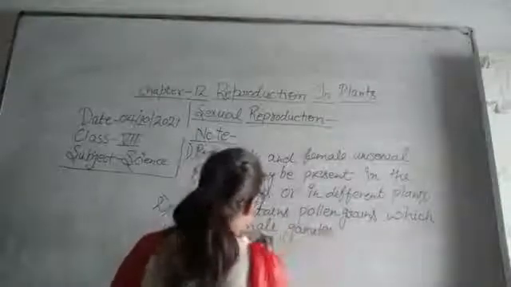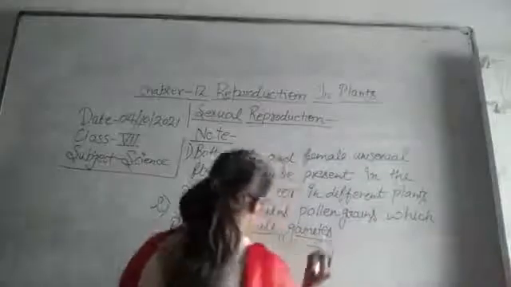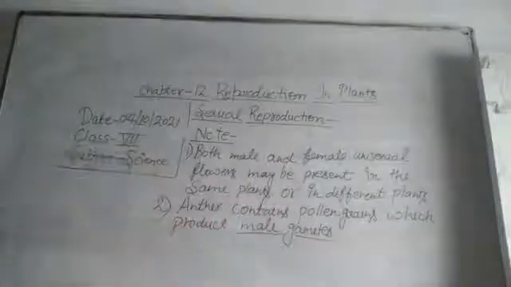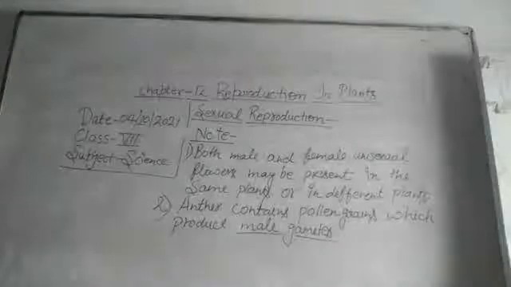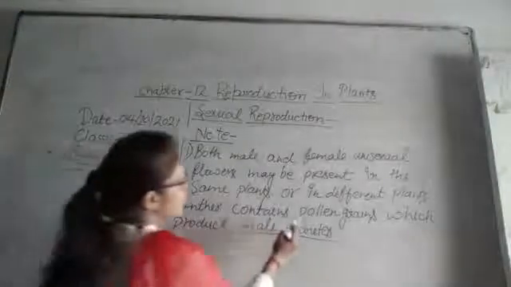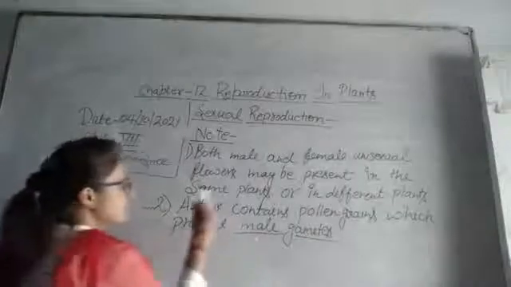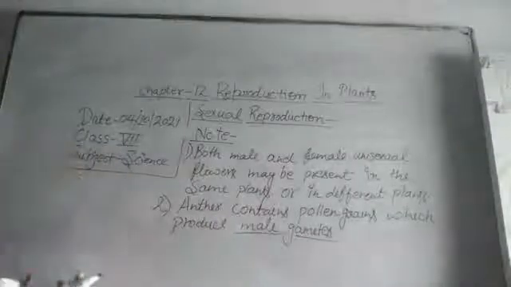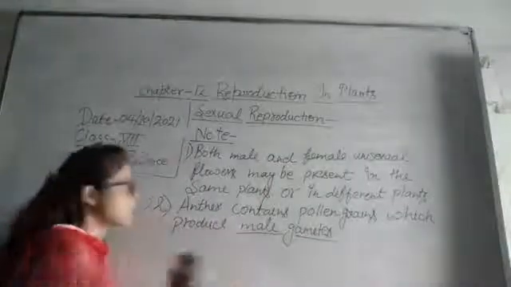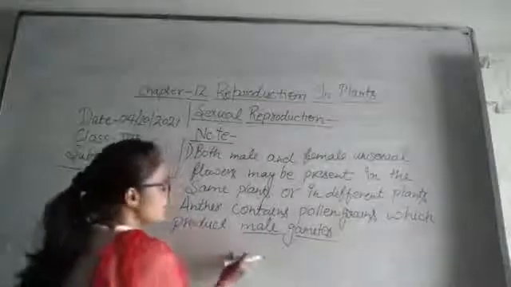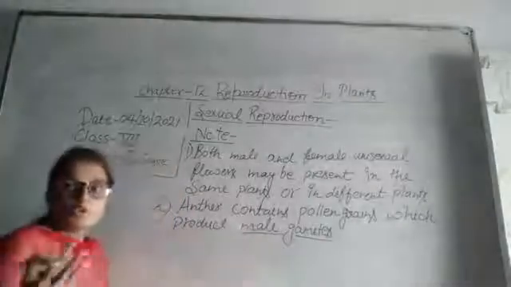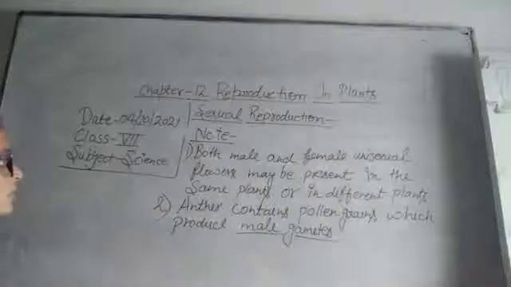Please underline this word because this is very important: male gametes. Anther क्या करता है? Pollen grain contain करता है और basically वो male gametes को produce करता है. Okay?